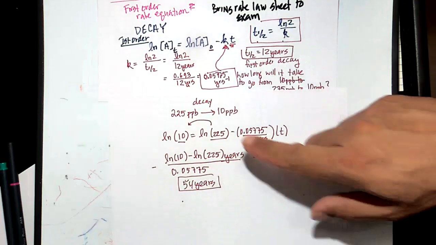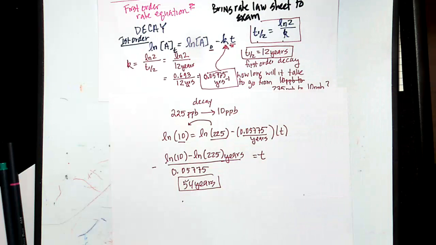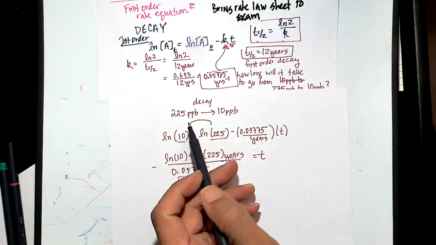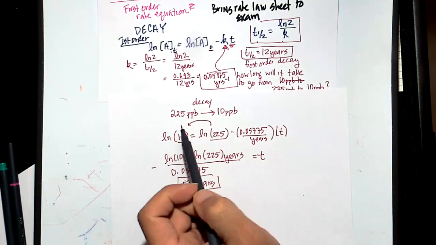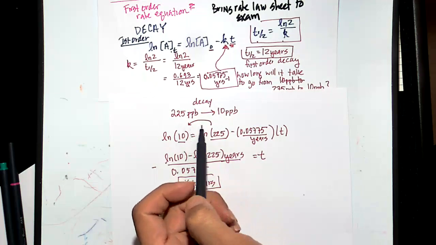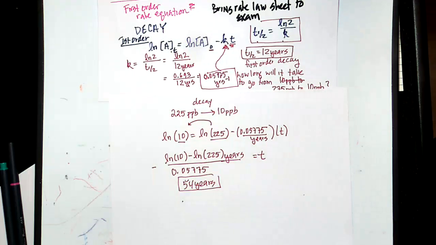So it'll take 54 years for this substance, whatever that substance is. Because it's first order, it used this specific equation. It will take 54 years to go from 225 parts per billion to 10 parts per billion. Okay. So, question like that on the exam.